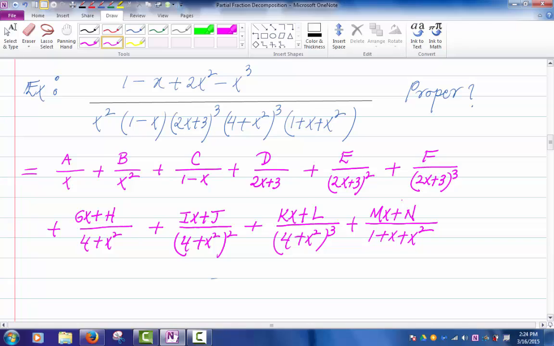For something like this, I want you to know how to write down the decomposition. I'm not going to make you solve for the constants unless I give you a lot of time in the exam to do it. Is everybody clear?